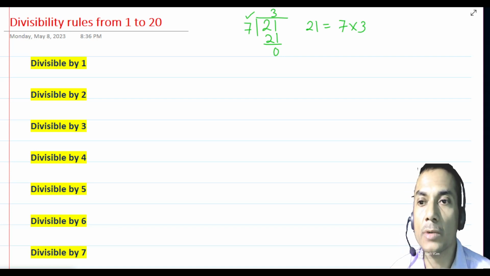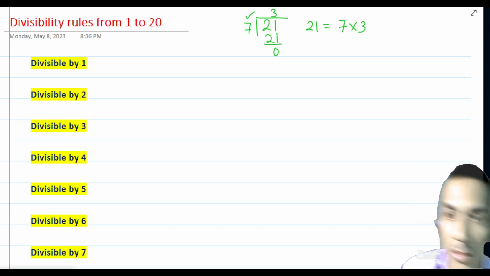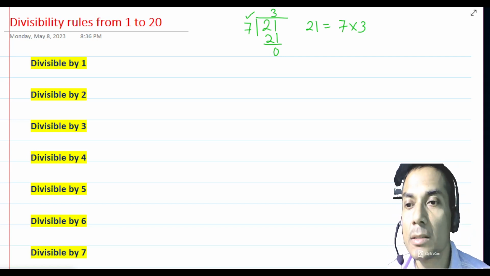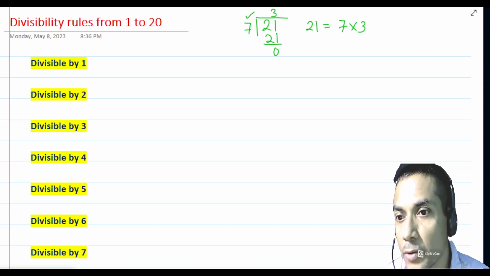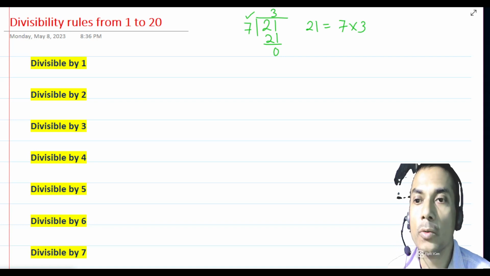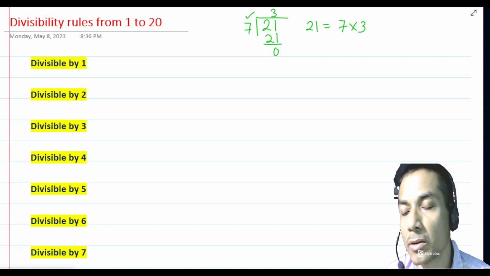Why is the divisibility rule important to learn? Because it makes calculation easy. When the number is very small, like 21, it is easy, we can find it from the tables of 7 or 3.